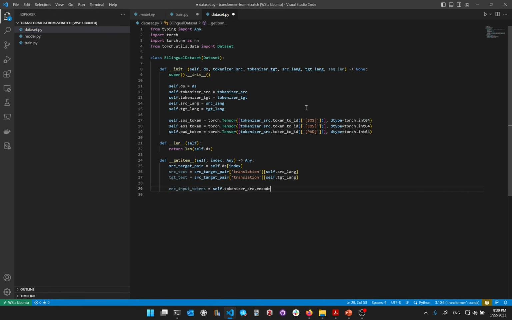This is done by the encode method .ids. This gives us the input IDs, so the numbers corresponding to each word in the original sentence, and it will be given as an array.